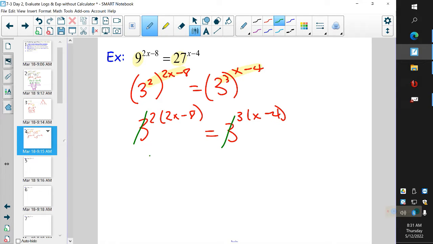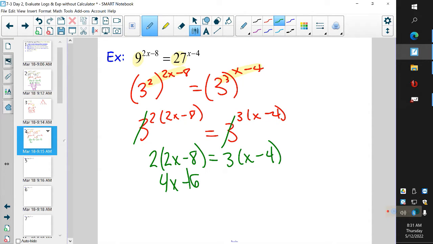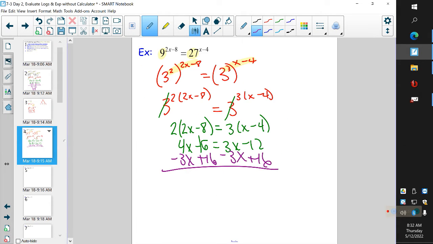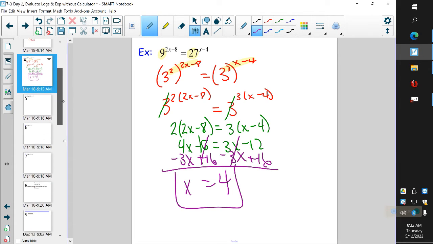Cross off the bases and set the exponents equal. Distribute: 4x minus 16 is equal to 3x minus 12. Subtract the 3x, add the 16, and you're going to get x is equal to 4. And you are done.